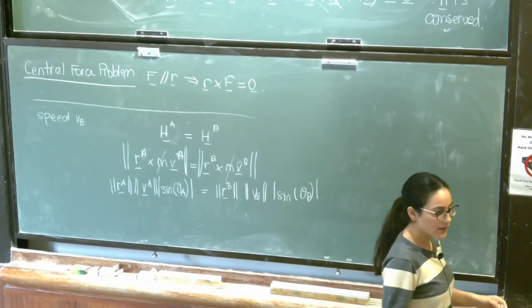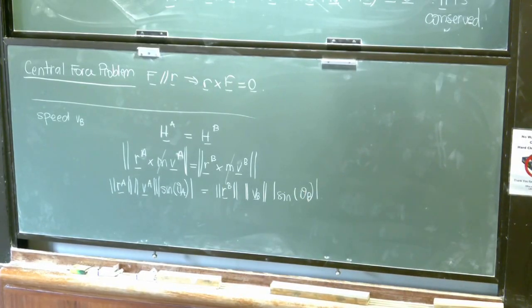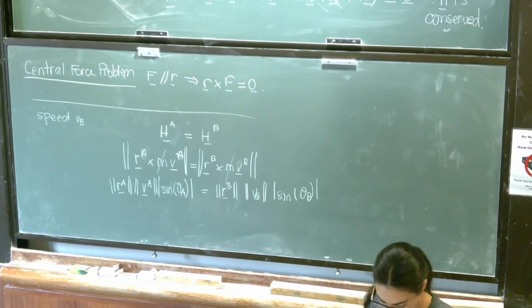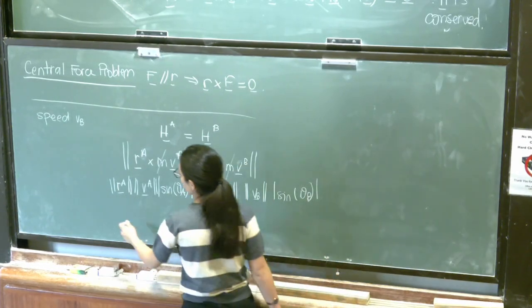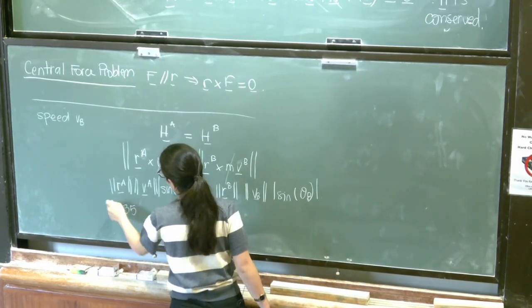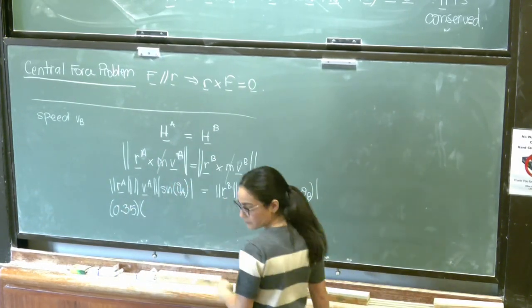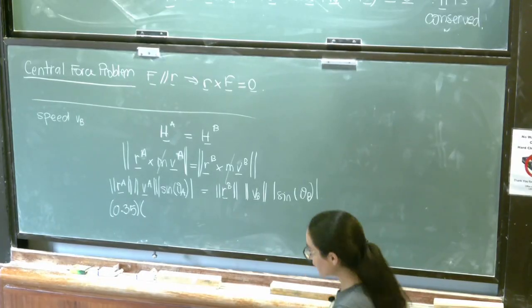So what quantities am I given here? Do I know RA, the magnitude of RA? Yeah, it's 350 millimeters or 0.35 meters. VA is also known, 4 meters per second.